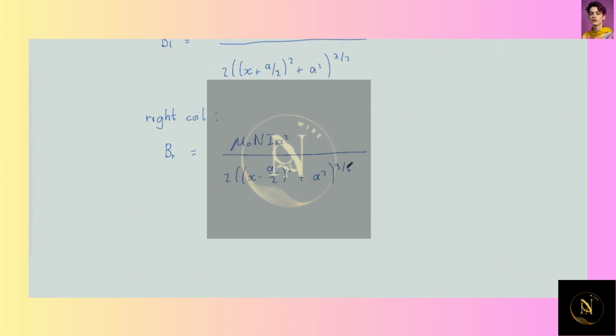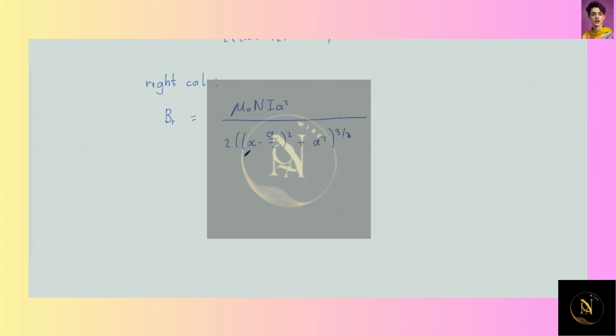So now to find the total field at a distance x from the point between them, we'll call this total magnetic field B, and B is mu naught times N I a squared over 2, which is the common term.